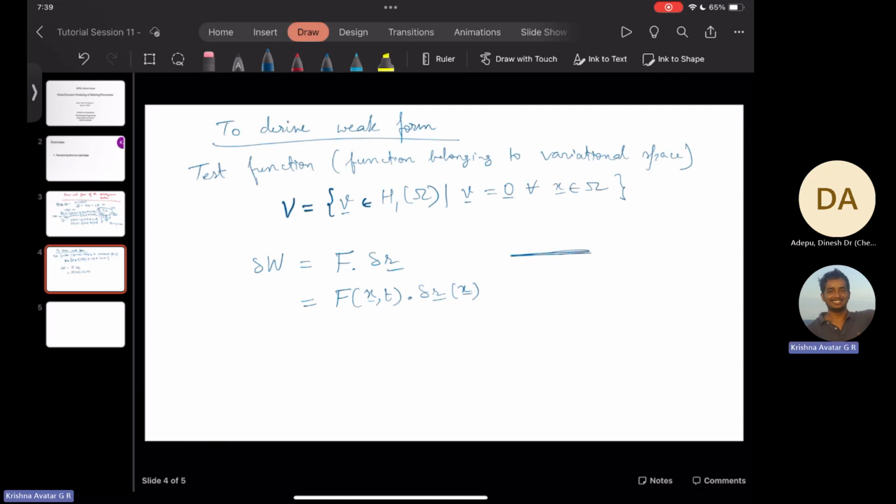So given our system is at some time t, we are giving the system some perturbations, delta R, about its assumed stable state. This delta R is virtual in nature, so it is assumed to take place instantly. It's like you have just stopped time and then you are giving the system a virtual displacement.